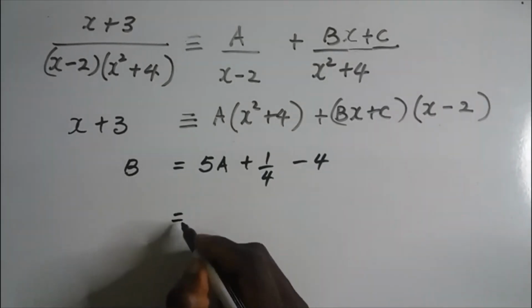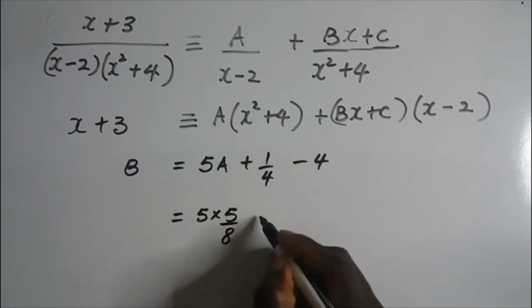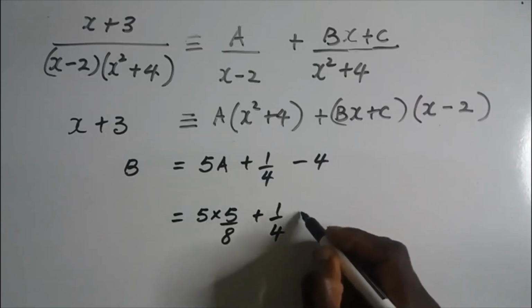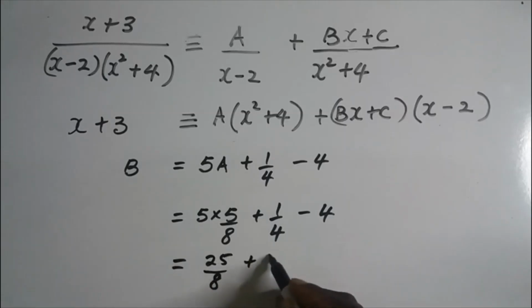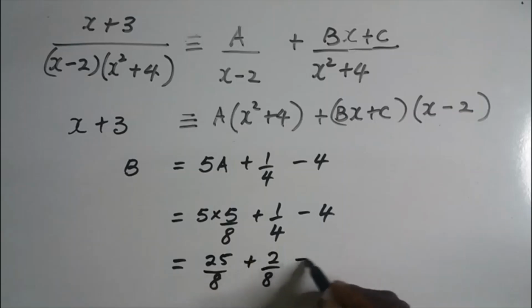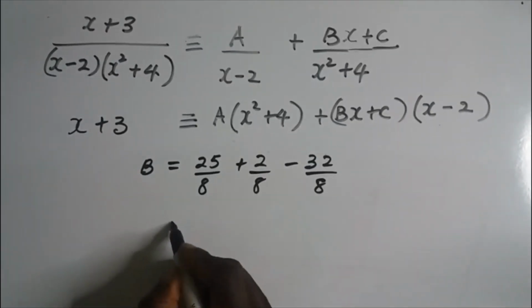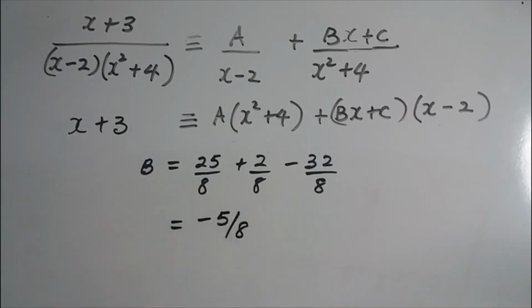So we write that 5a now is 5 times 5 over 8, add a quarter, minus 4. We'll have a common denominator of 8, so we'll make this 25 over 8, add 2 over 8, minus 32 over 8, which works out to be minus 5 over 8.